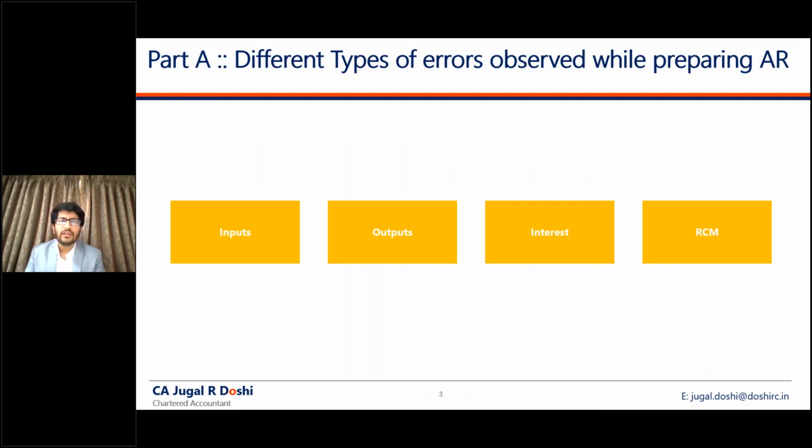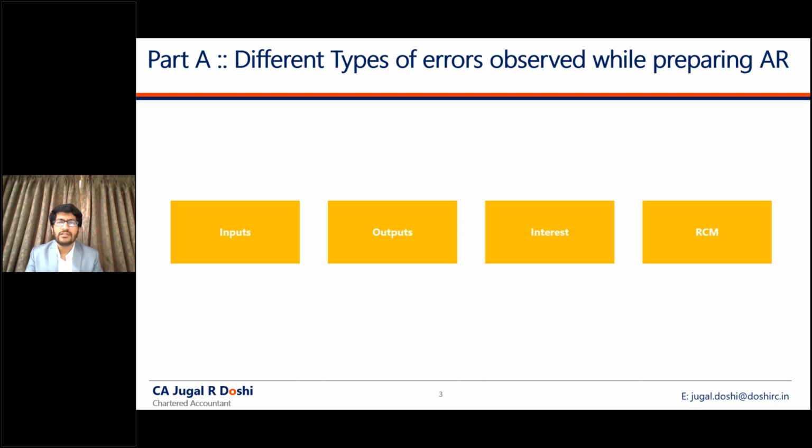To begin with the video, there are four broad categories of differences or errors observed while preparing the annual return. First, differences in inward supplies, my input tax credit. Second, difference in outputs, my outward tax liability. Third, difference in interest self-assessed by me while filing the annual return versus interest liability reported in my GSTR 3B.